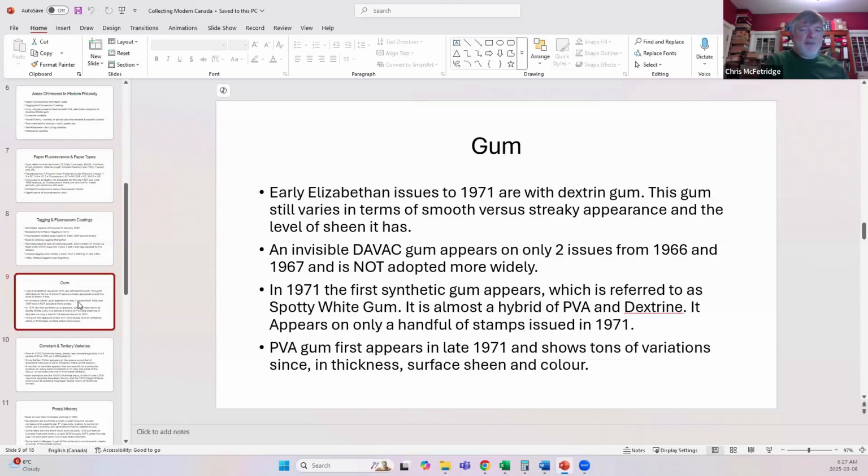And then PVA gum first appears in late 1971. And if you study Canadian stamps throughout the period, you'll see that there's a lot of variation in PVA gum. The gum of 1971 is completely different from the gum today. Although now almost all our stamps are self-adhesive, and we have very, very few water-activated gum stamps, sadly.